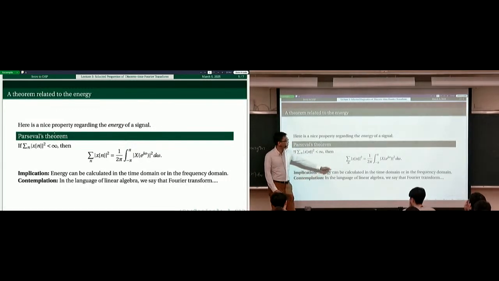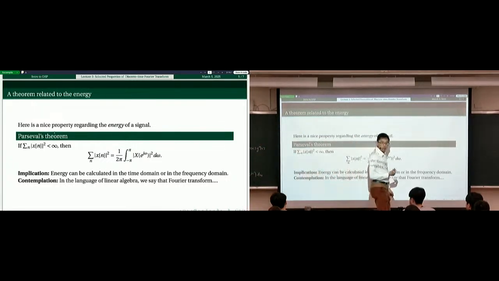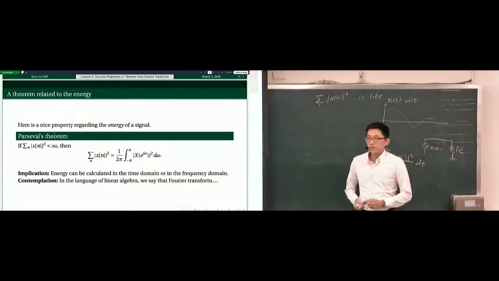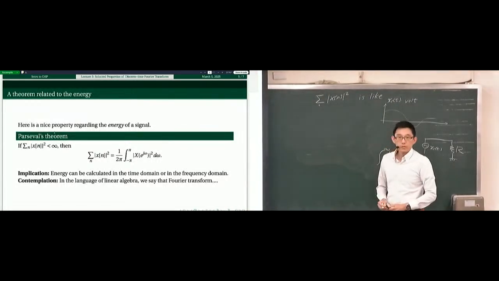The only difference is a factor of 2 pi. But otherwise, there's an identity. And I think this is beautiful. Fourier transform preserves the norm. And this property has a lot of implications. Are there any questions so far? This is a lot of extra material that I'm sharing.